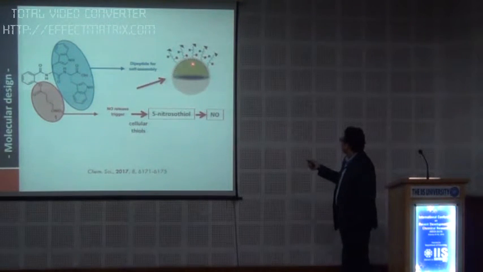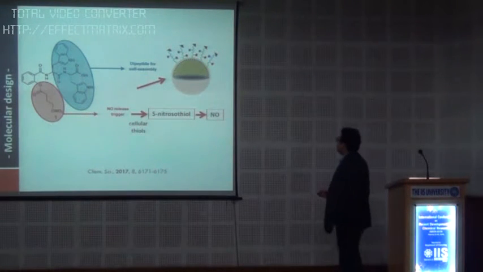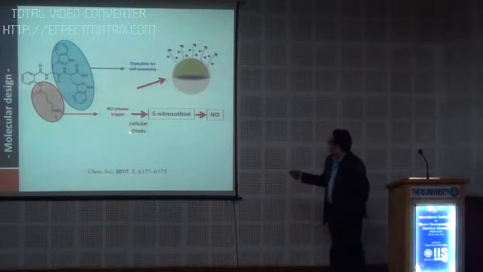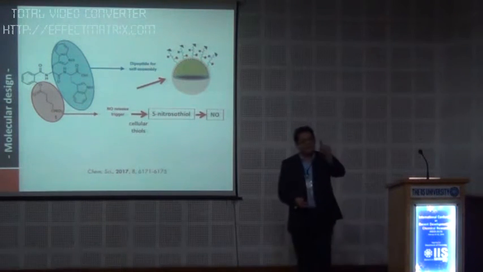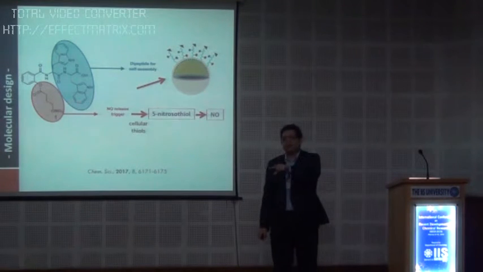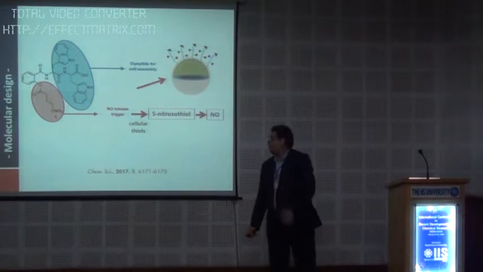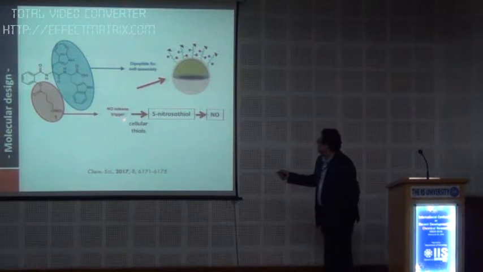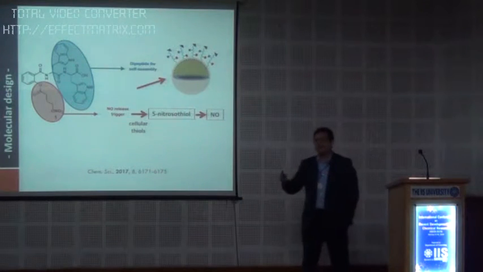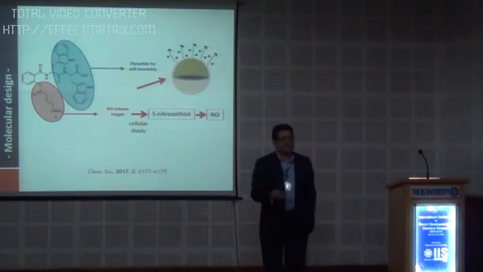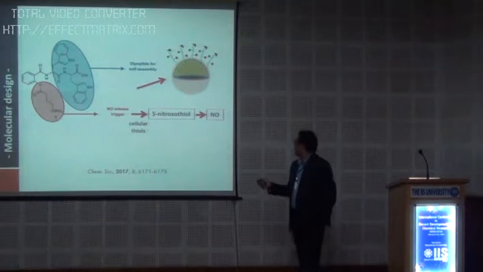Self-assembly would offer us a structure which may or may not look like a spherical structure, and the organic nitrate, when it reacts with cellular thiols, such as glutathione, which are SH-containing molecules in our cells, is going to nitrosate them. Eventually, through the synthesis of nitrite and reduction of nitrite inside the cells, we will release the gas.